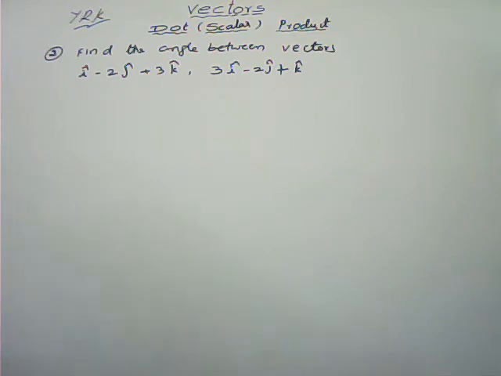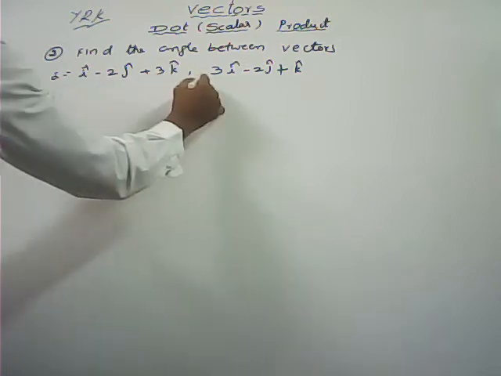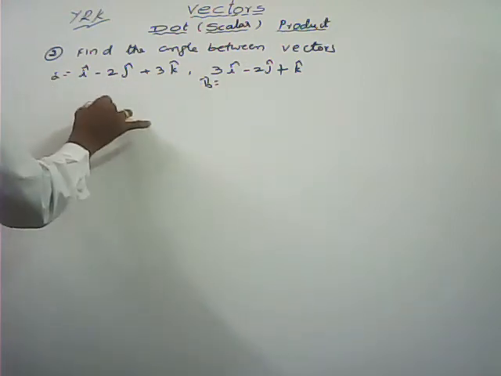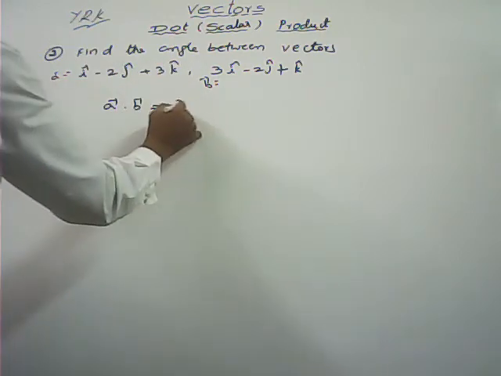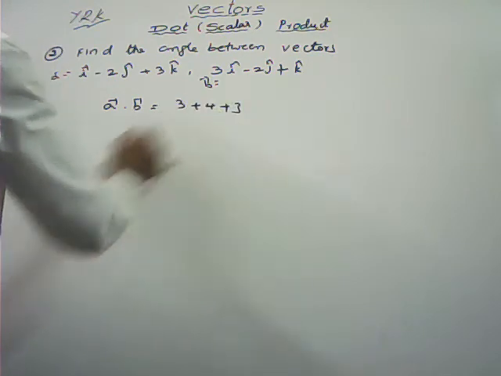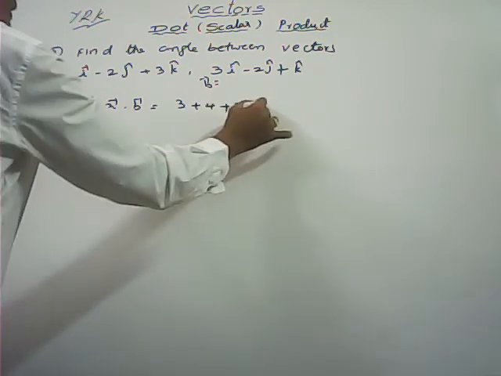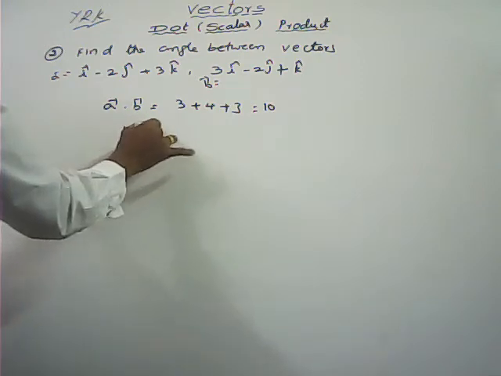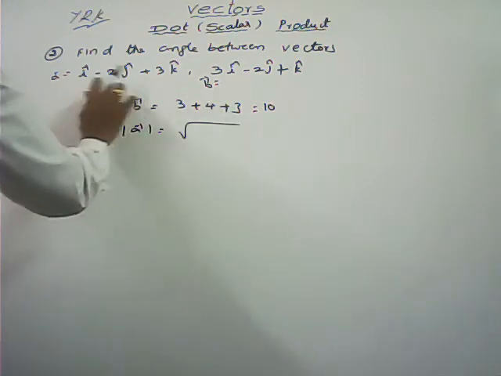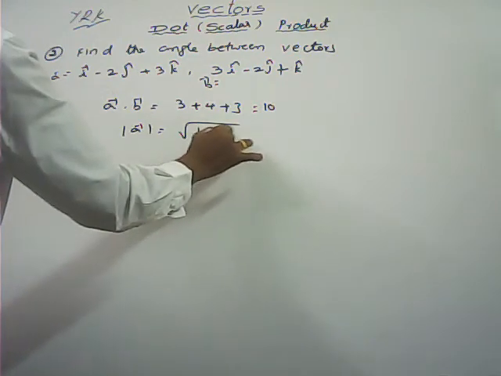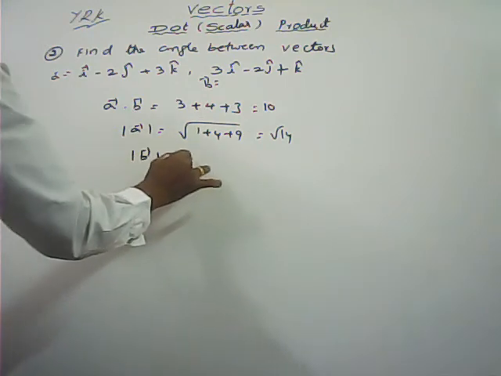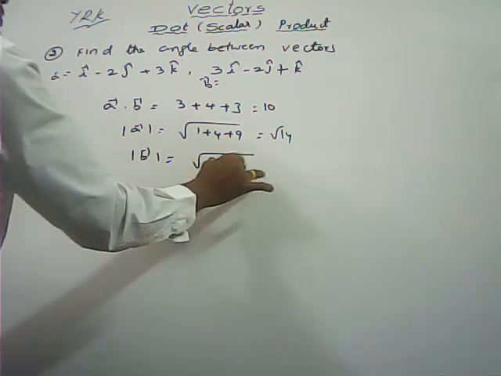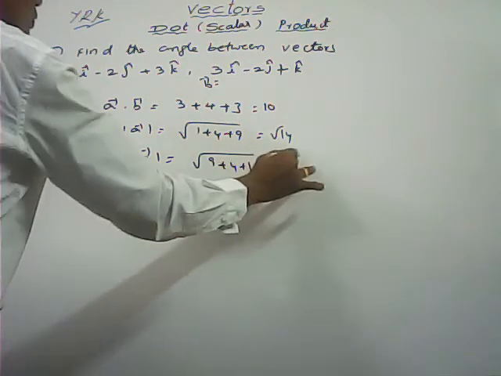Next, what is the angle between these two vectors? This one I am taking as a bar and this one I am taking as b bar. First find the dot product of these two vectors, a bar dot b bar, that is equal to 3 plus 4 plus 3, that is equal to 10. At the same time you can find the modulus of a bar, that is root of x square plus y square plus z square, 1 plus 4 plus 9, that is equal to root 14, and modulus of b bar is the square root of 9 plus 4 plus 1, that is also root 14.